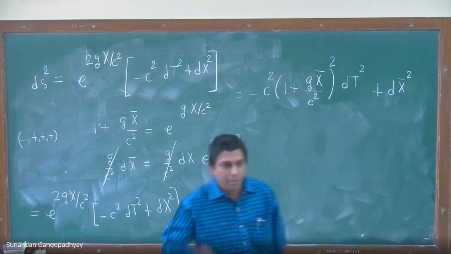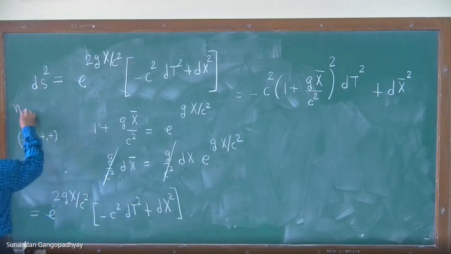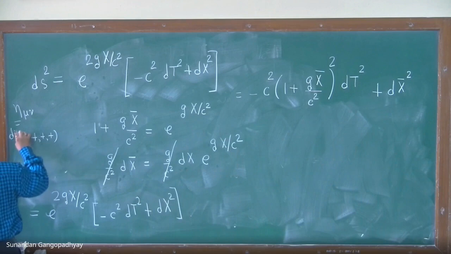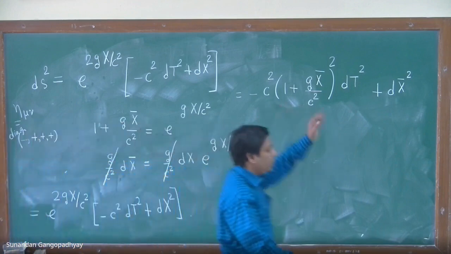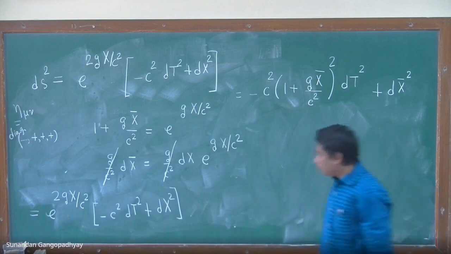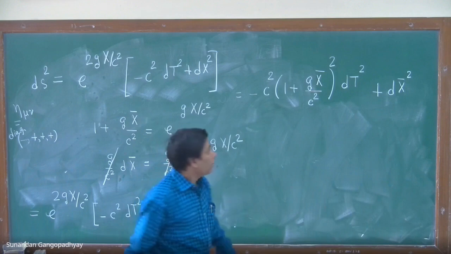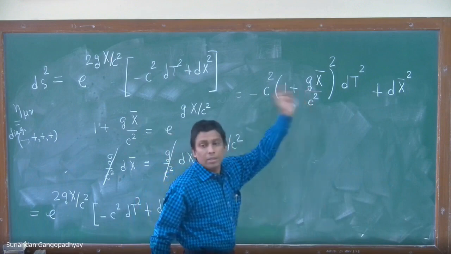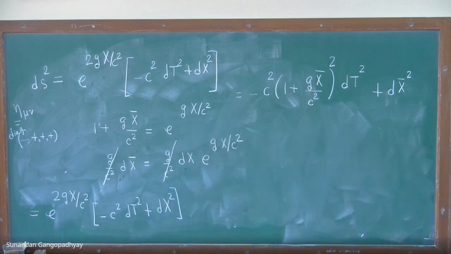I told you at the beginning of the lecture that the Minkowski flat eta mu nu, or eta ab, whatever, is diagonal, and we are using the mostly positive signature. In curved space-time, these are not constants. So you can see that this is not a constant. The metric is actually dependent on the spatial coordinate in this case. So this is one thing.